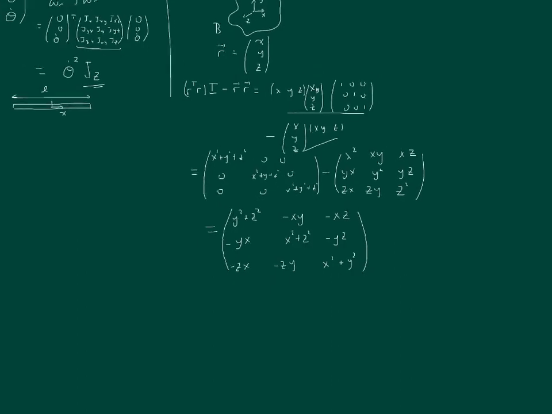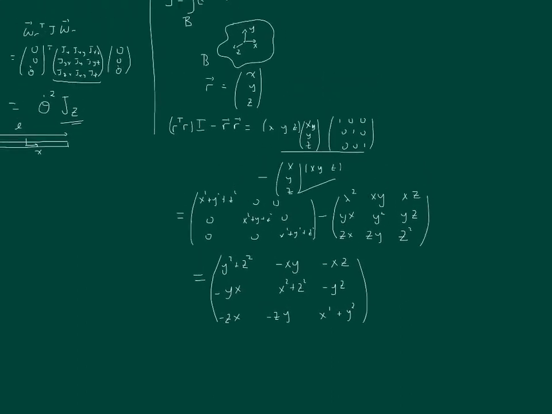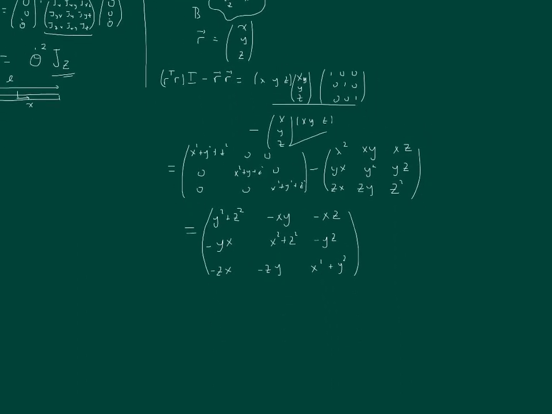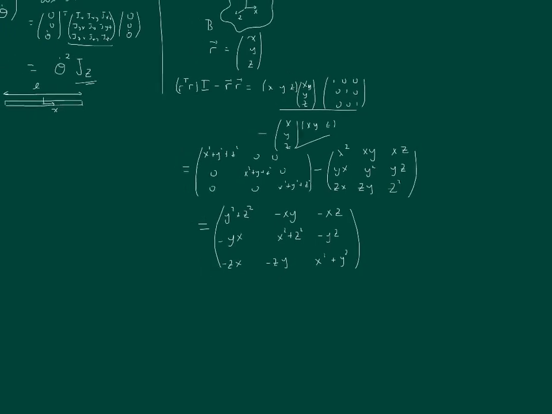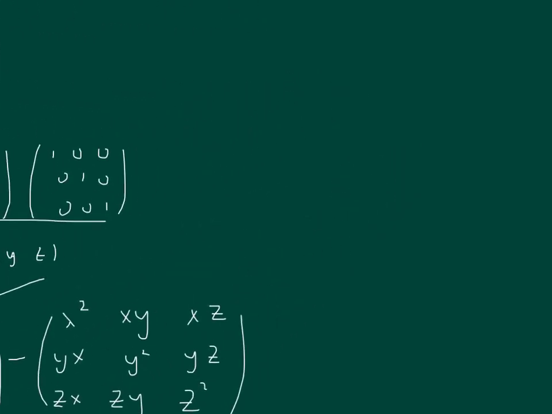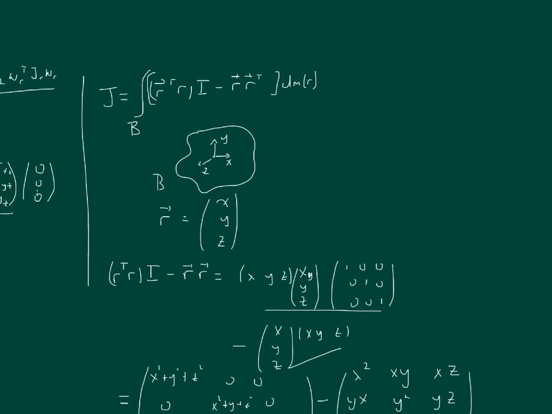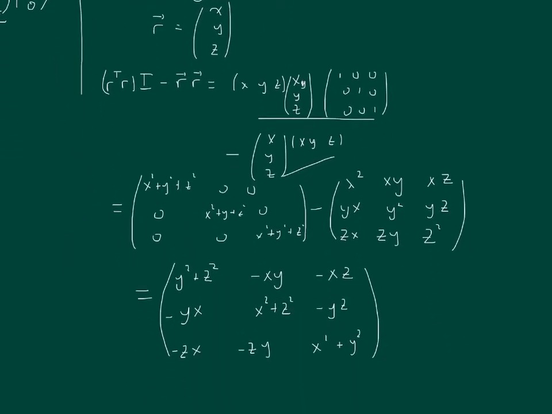So if we go back and look at our formula for J, remember J, we have that large component times dm.